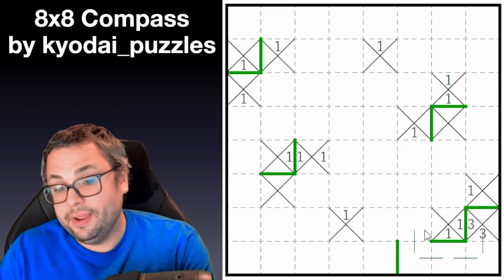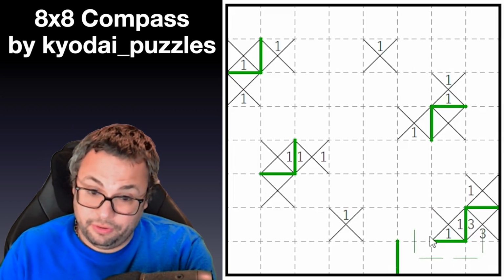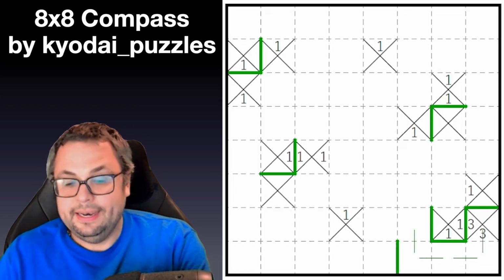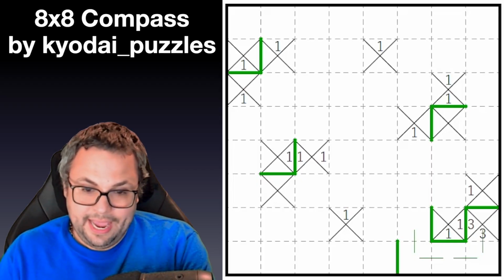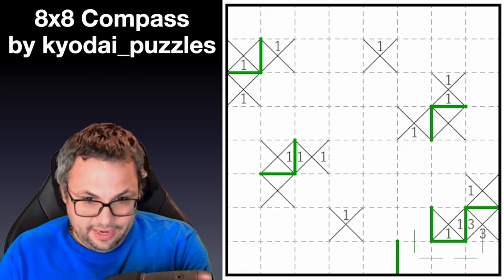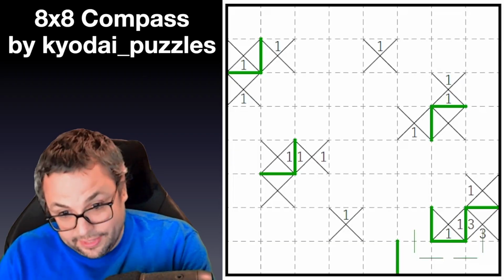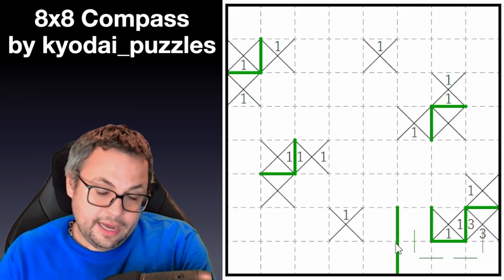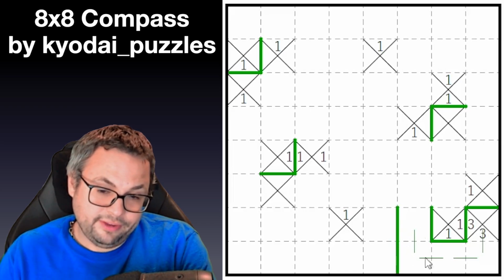It has only one way it can grow, however, so it must grow up like that. And now, it's not necessarily done, but it can't take any more cells to the east because it's got its 3 cells to the east.